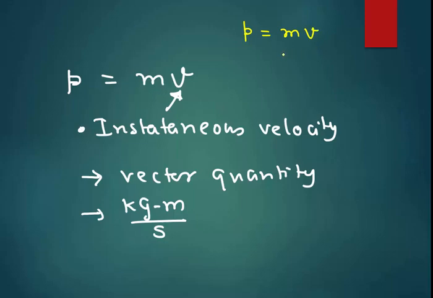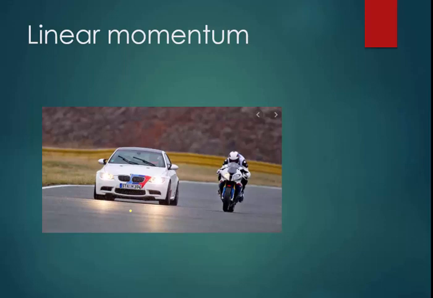So if I'm looking at two objects moving with the same velocity, as we saw in the previous case, let us go back to this picture. Let us say both of them are moving with the same velocity v. Now their momentum will be m1v and m2v because their masses are different.